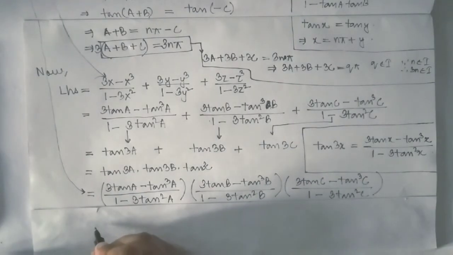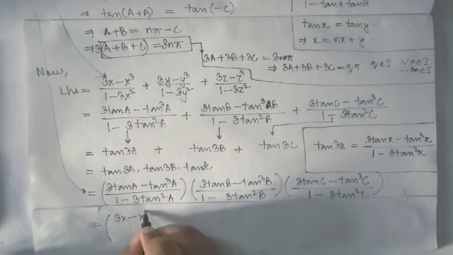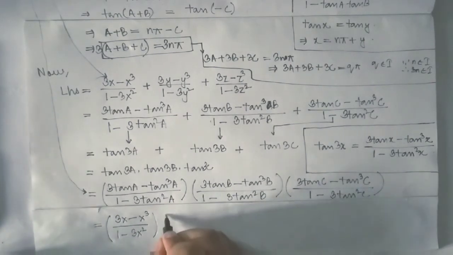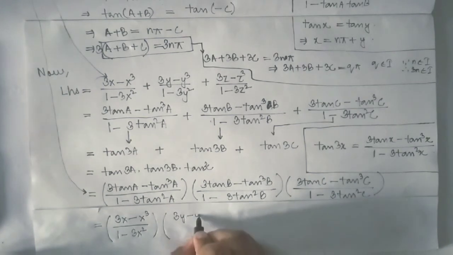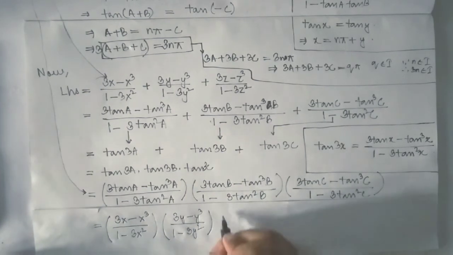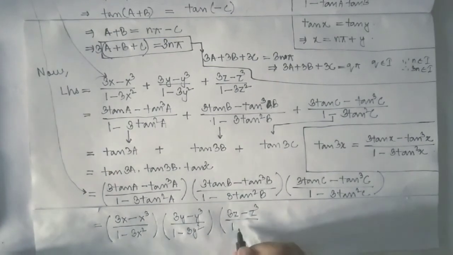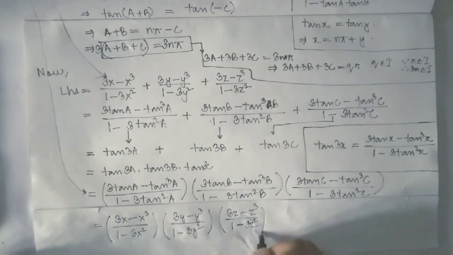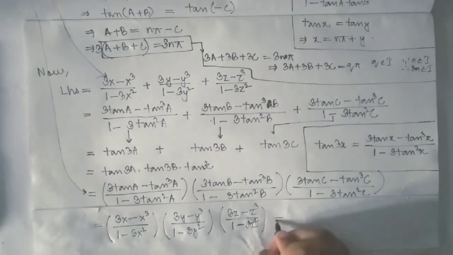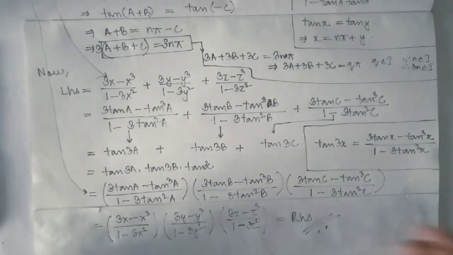So after the substitution, the expression becomes (3x minus x cubed) divided by (1 minus 3x squared) into (3y minus y cubed) divided by (1 minus 3y squared) into (3z minus z cubed) divided by (1 minus 3z squared), and this is our right hand side as it was given in our question. So this is equal to the RHS, and this is proved and we are done.